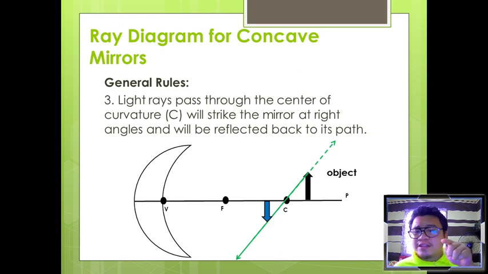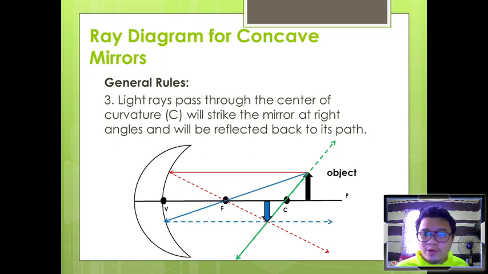Now, let's try to inject rule number 1 and rule number 2 from a while ago. And you will see a common point where all these reflected rays have intersected. As you can see, all the light rays that traveled from the object from rules 1 to 3 have intersected at this point.